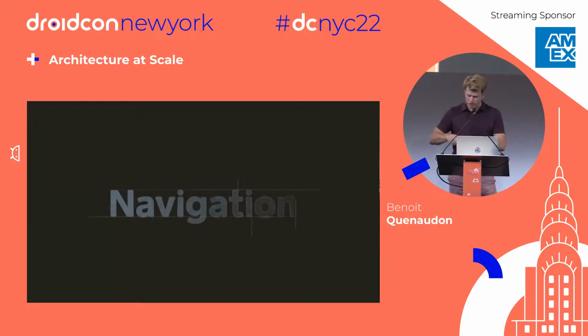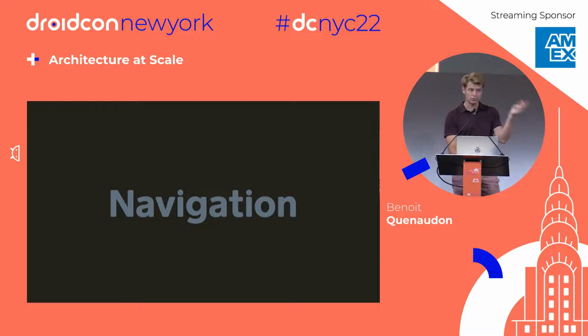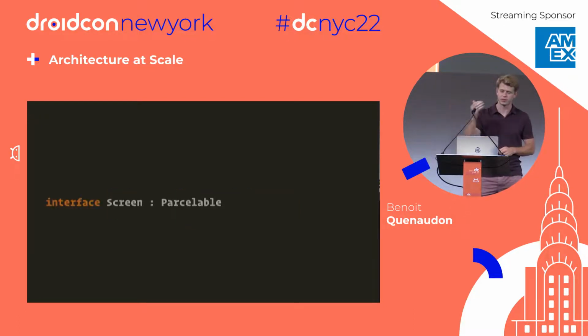So navigation. Now we know how to make a screen. We have the UI, the presenter. We bind them together, we have a screen. So how do we go from one screen to another one? First, to define a location in the app, we use this type of screen, which extends Parcelable because we want to be able to save the location where we are at, and restore this.